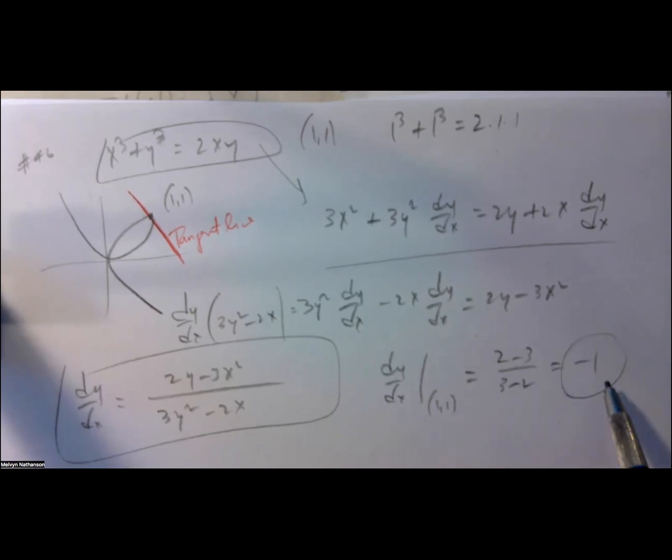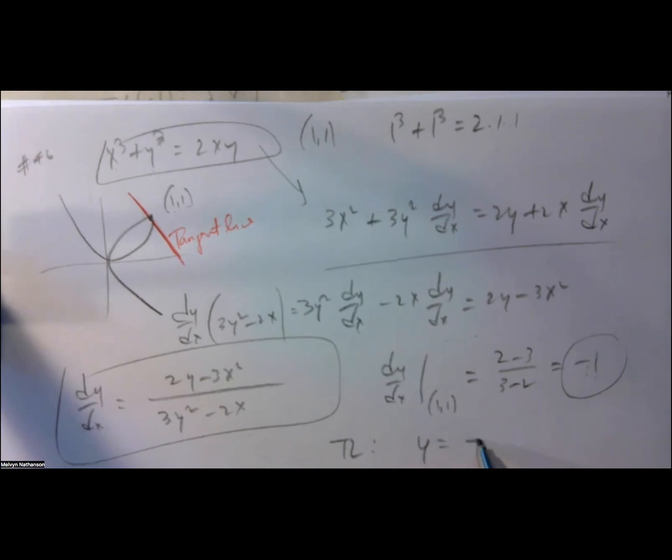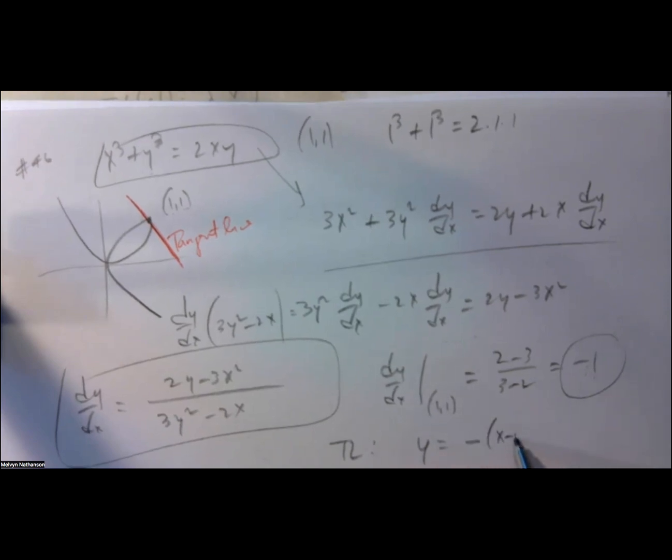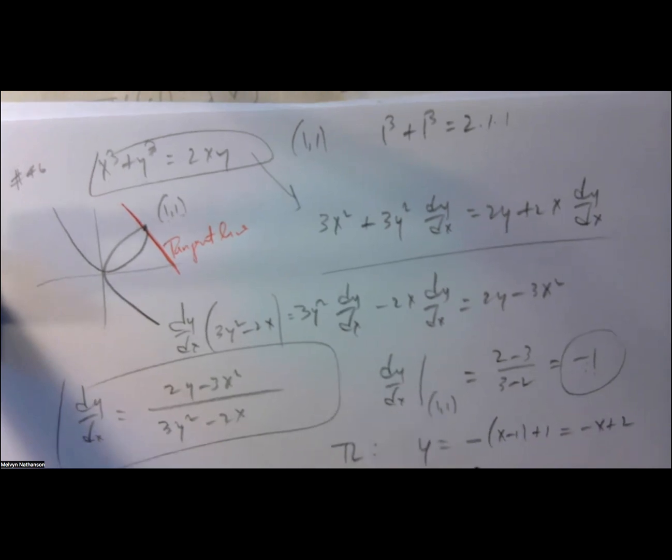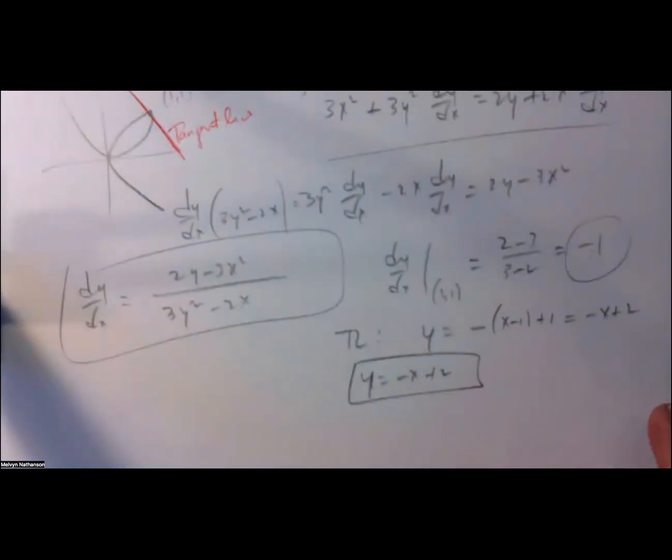So that's the slope of the tangent line. So all we need is the equation of the line through the point (1,1) with slope minus 1. And that equation is y equals minus 1 times (x minus 1) plus 1, which is minus x plus 2. So y equals minus x plus 2 is the solution to the problem.